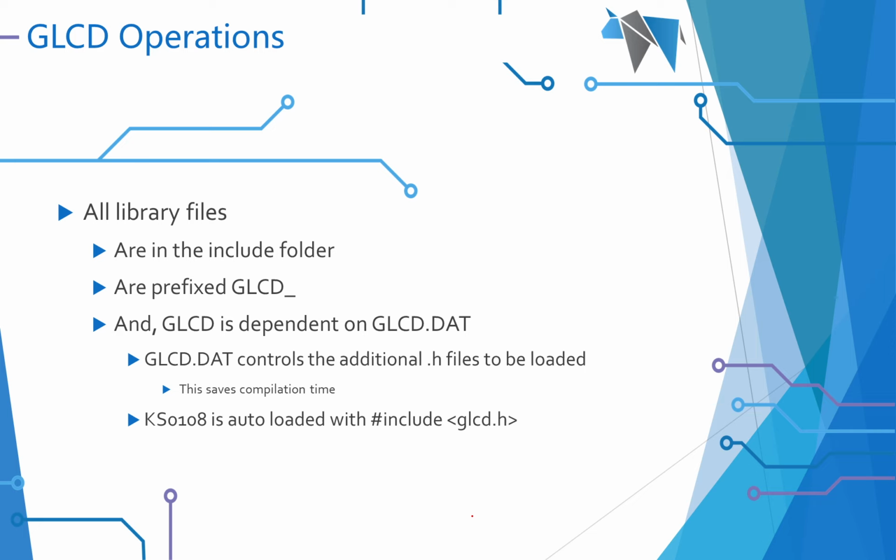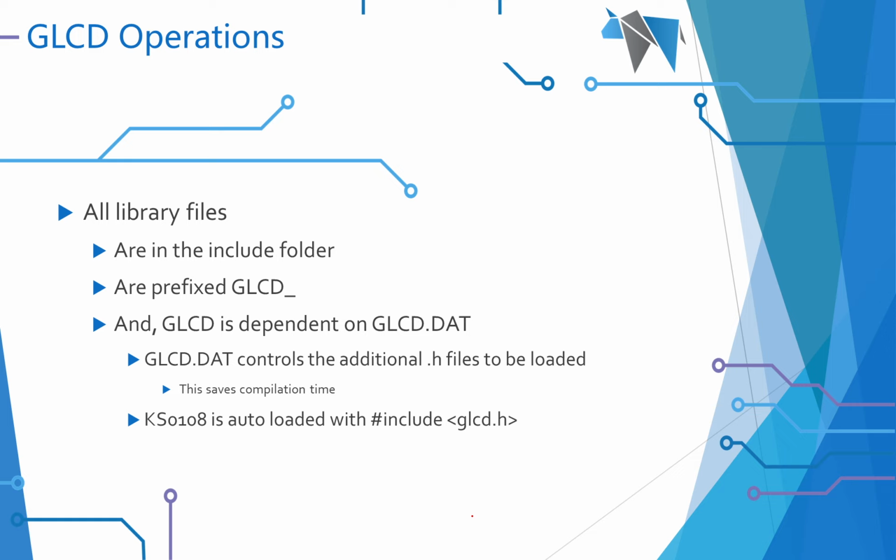The reason for that is it saves compilation time. In the dark years of GCBASIC, we used to load all the libraries, and it just got slower and slower the more libraries you added. So this bit of automation goes into glcd.dat and loads the correct files.